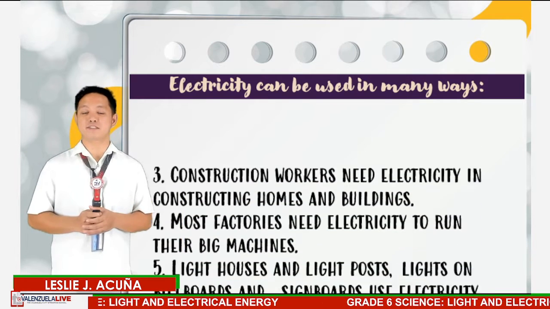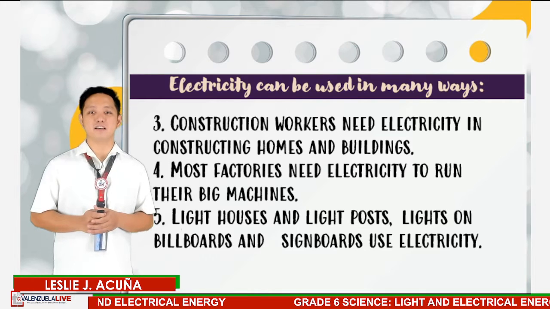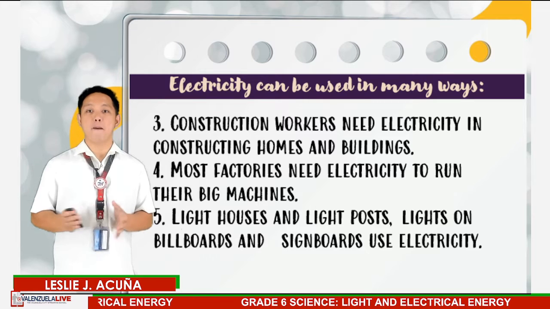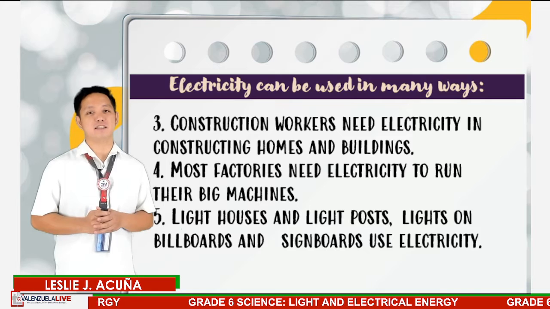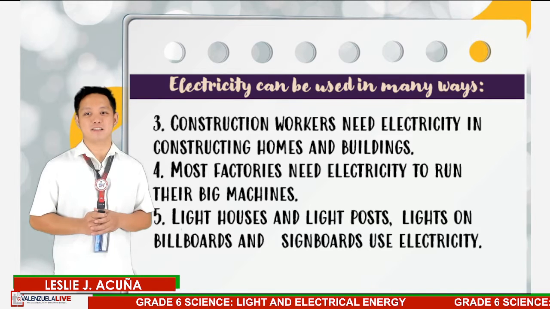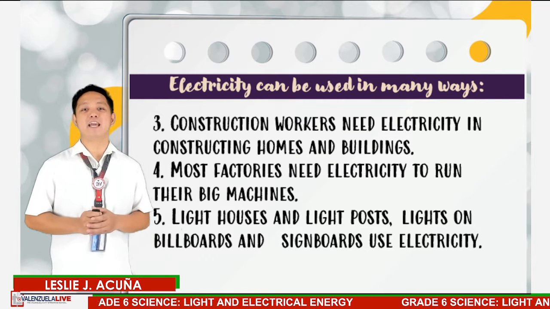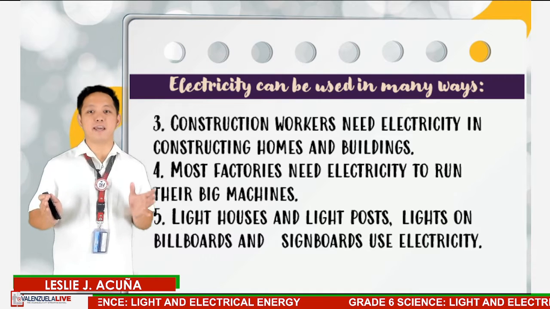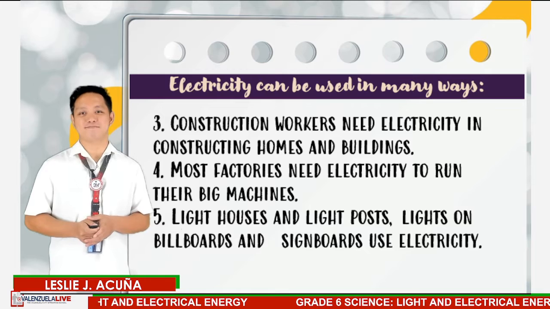Number three, construction workers need electricity in constructing homes and buildings. Number four, most factories need electricity to run their big machines. Number five, lighthouses and light posts, lights on billboards and signboards use electricity.